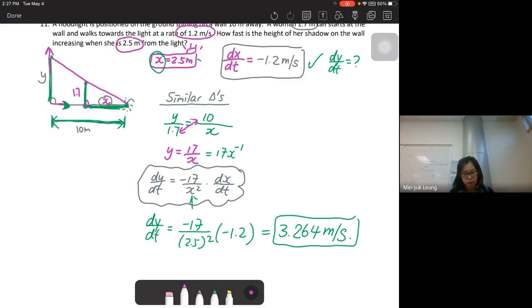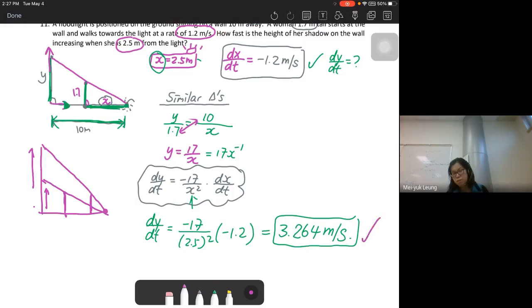And you can imagine that's correct: if the woman is standing closer to the floodlight, the shadow on the wall is going to be longer. So the y value is increasing, and getting a positive rate for y makes sense.